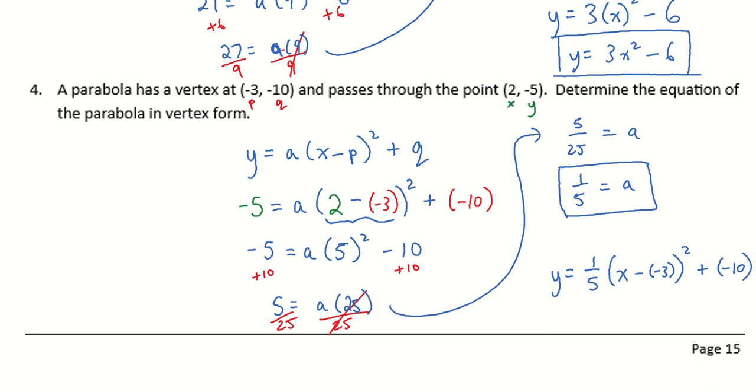And because we can write that a little more neatly, let's go y is equal to 1/5 times x subtract negative 3 becomes x plus 3 squared plus negative 10 is minus 10. So that is the vertex form of our parabola, and we found it by using the vertex and a point that we knew satisfied the equation. All right, that is it.